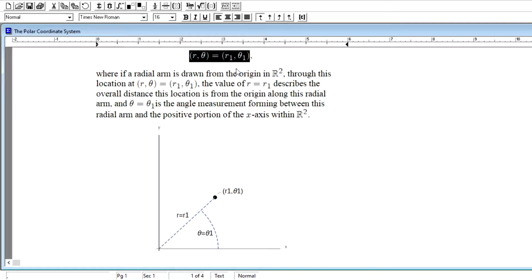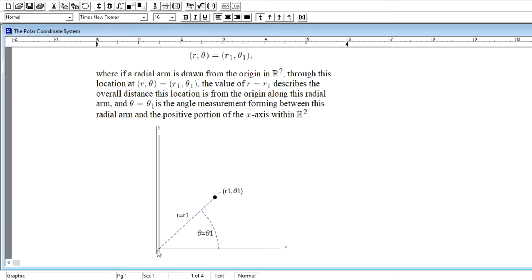What we mean by that description of location is if we go about drawing what we call a radial arm from the center, or the origin, of this two-dimensional space through this location.